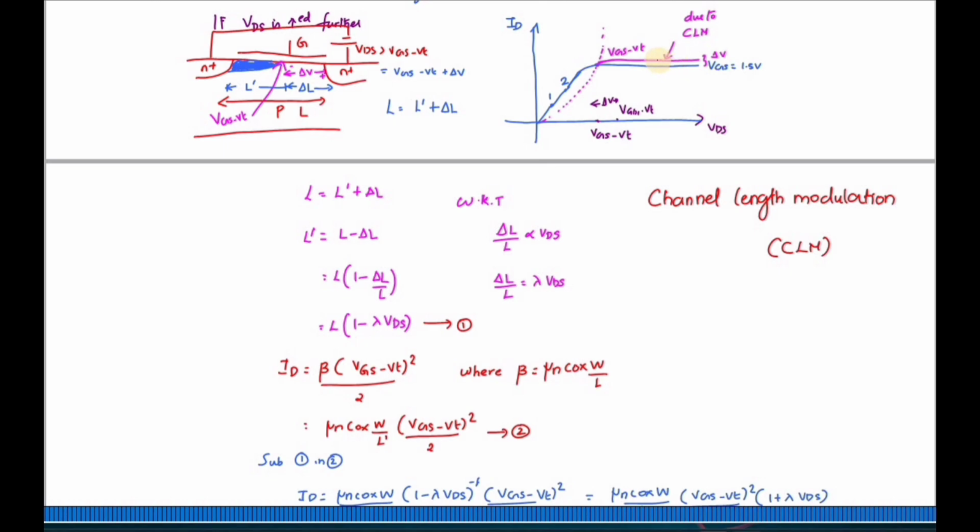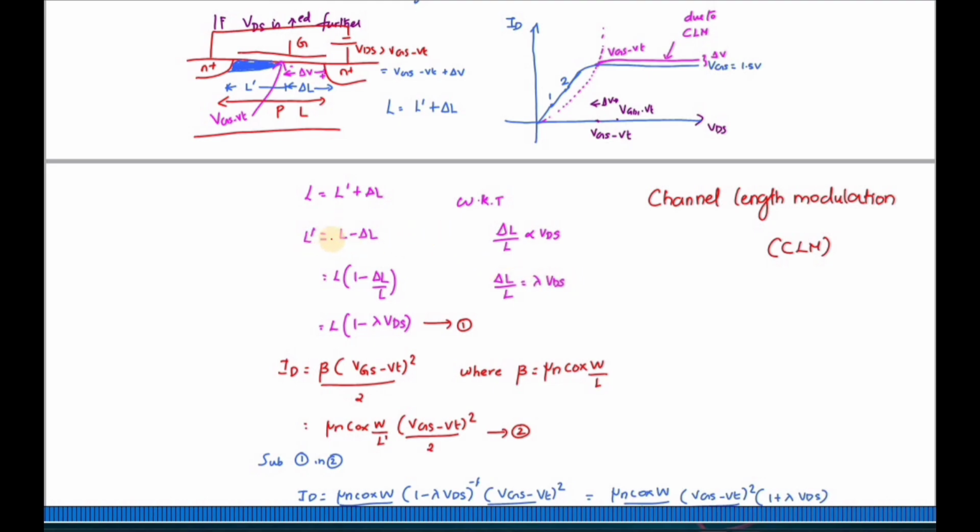This is due to the channel length modulation. I can write del L divided by L as proportional to VDS, because the change in the length of the channel with respect to L is due to the change in VDS. So I can write del L divided by L is equal to lambda VDS.